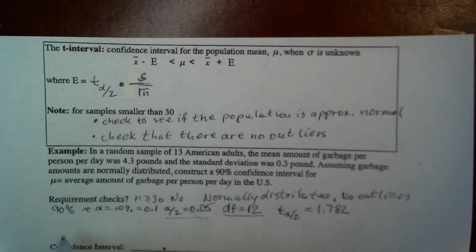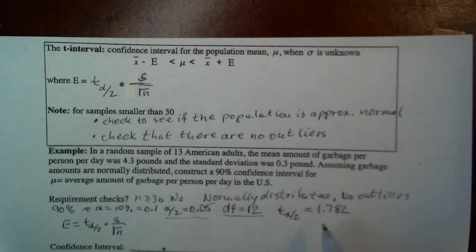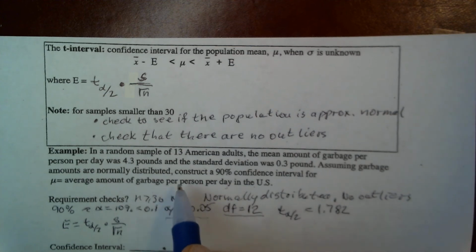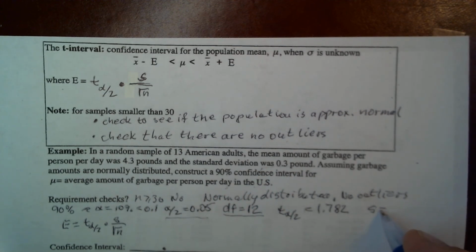So then our margin of error is t sub alpha divided by 2 times s divided by the square root of n. And what was s? The sample standard deviation was 0.3 pounds. So s was equal to 0.3.